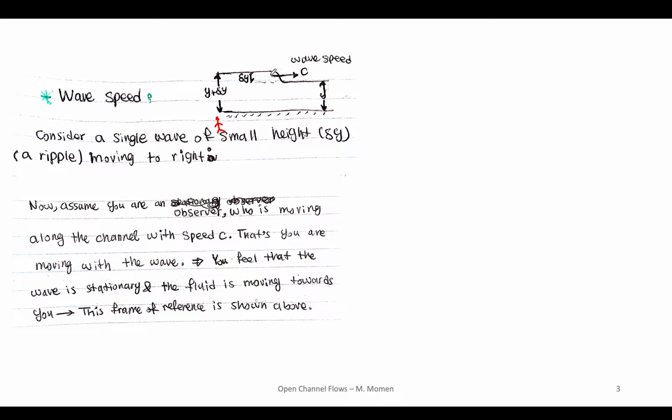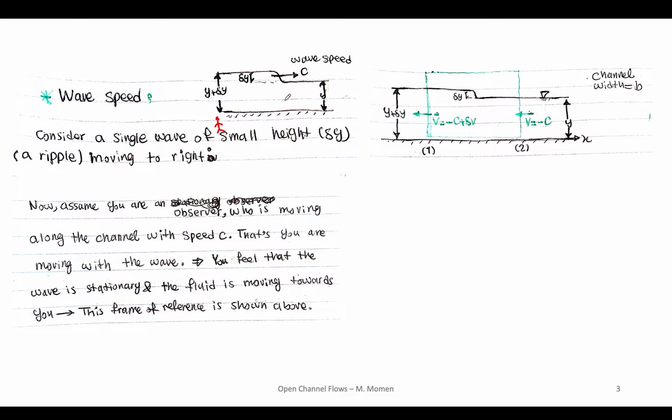So you feel that the wave is stationary, and the water here, the fluid here, is coming towards you, and the water here is going after. So this is how you see this.